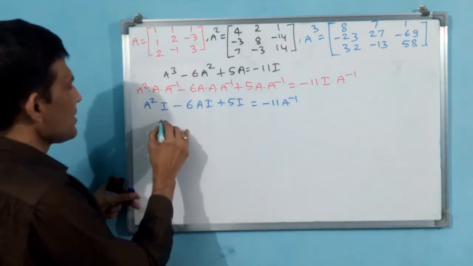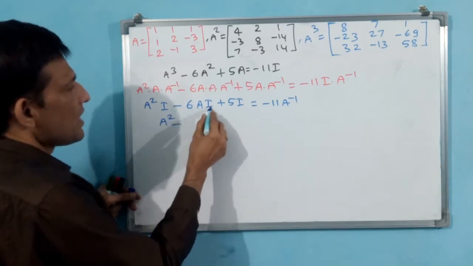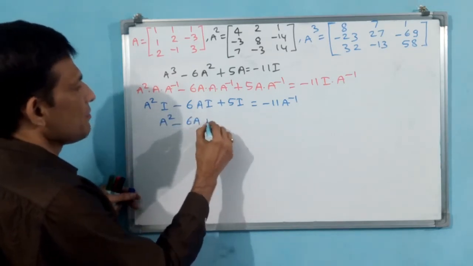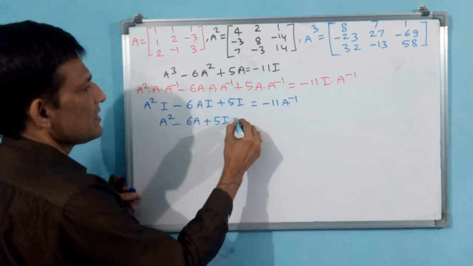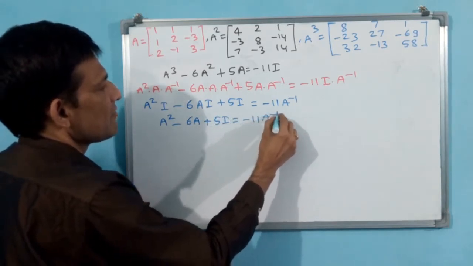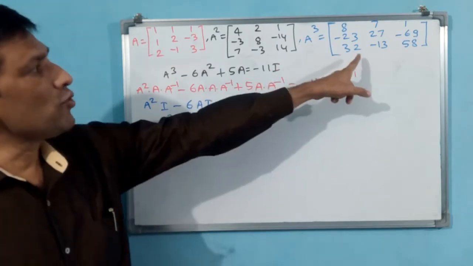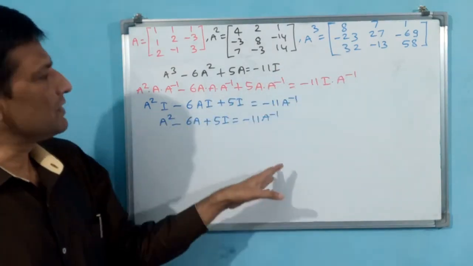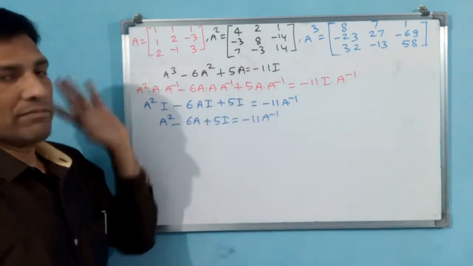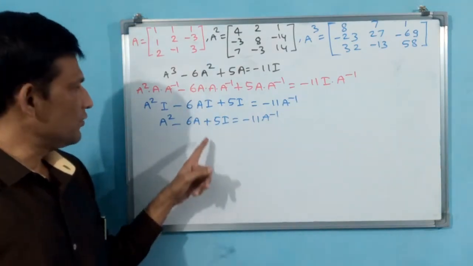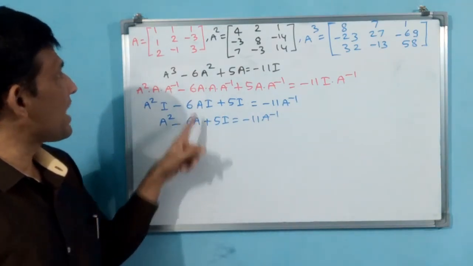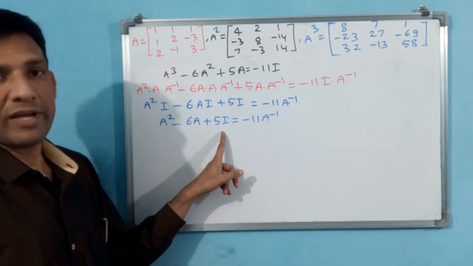I into A square only, minus I into A only, plus 5I is equal to minus 11 A inverse. Now you see, you don't require A cube for doing this A inverse. With A square and A both you can find it. So A square is there, minus 6A plus 5I.